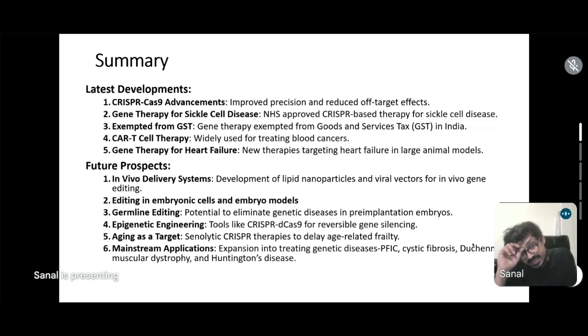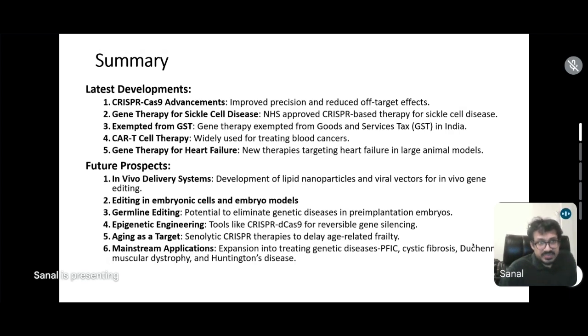So, summary of the latest developments. We can now edit the genome with huge precision with reduced off-target effects. Off-target effects means reduced side effects. Gene therapy for sickle cell disease is now a reality in multiple ways, using gene editing or without using gene editing.